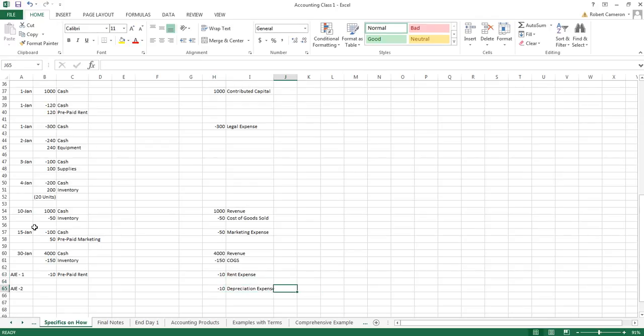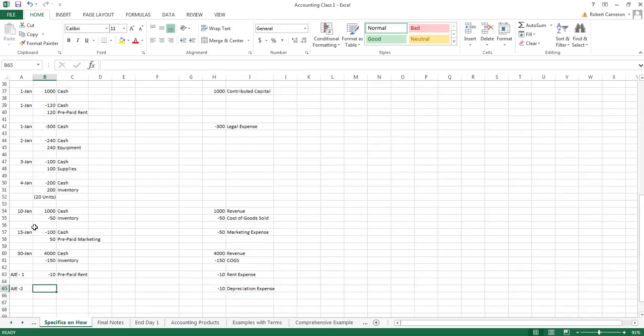And again, this is not the only way to calculate depreciation, by splitting it up equally. There's a lot of different methods to calculate depreciation expense, ways to account for it, but we're just going to do what's called straight line, essentially. And again, there's more complicated things, but we're just going to keep it simple right now.